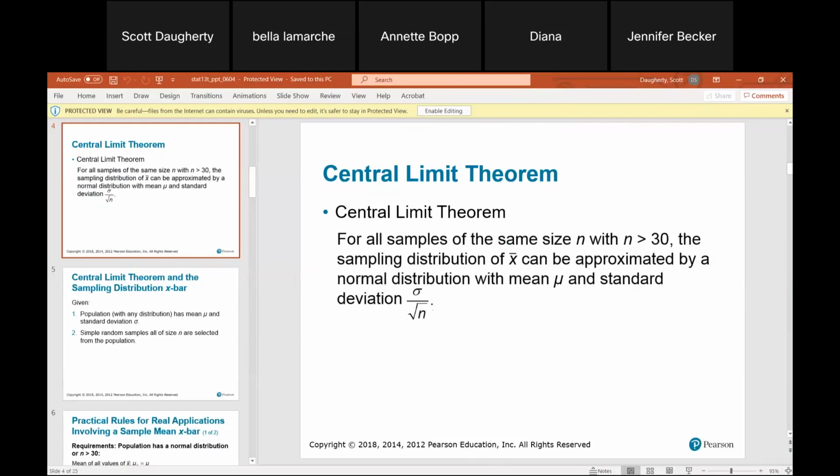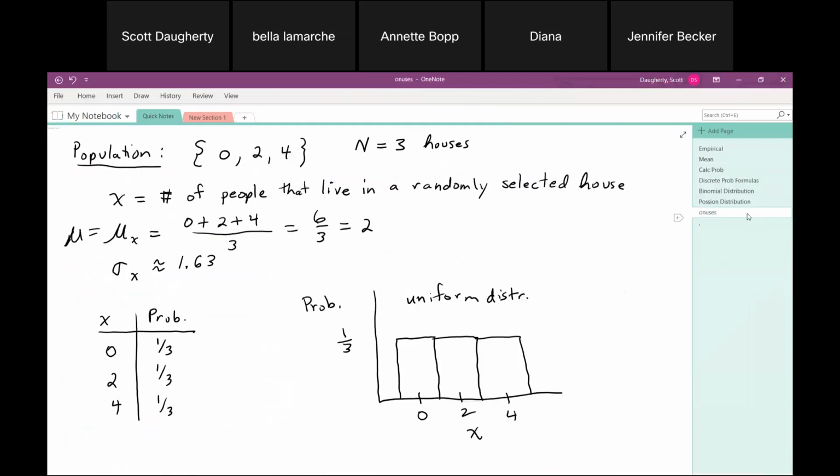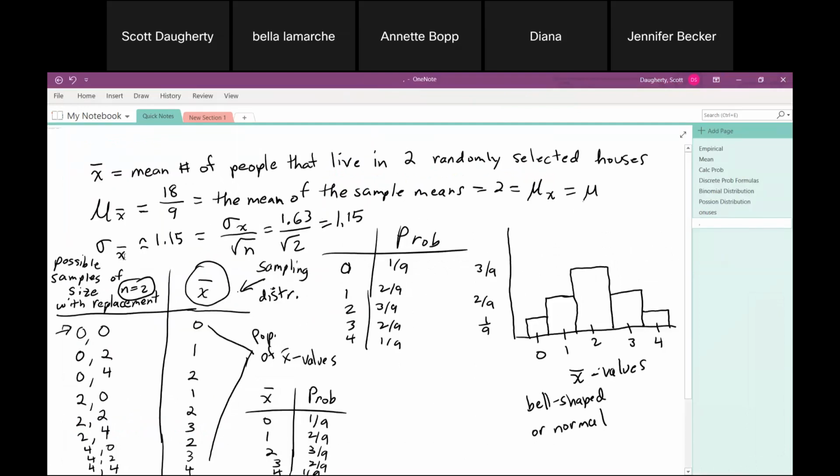They're calling this sigma instead of sigma sub x. So what's the standard deviation of the x bar values? It's sigma sub x, or sigma, whatever you want to call it, divided by the square root of n. That's what that says.